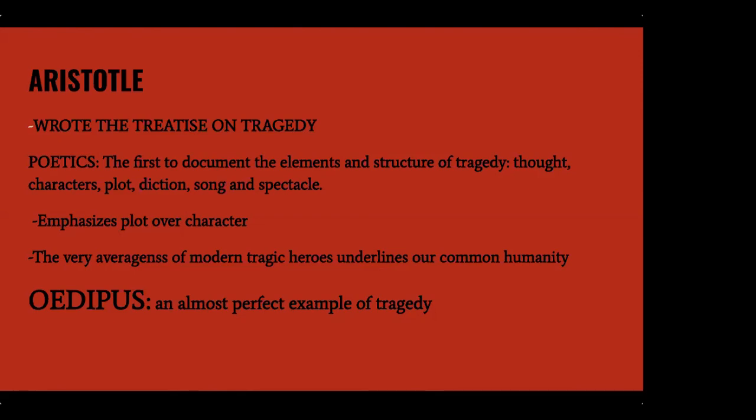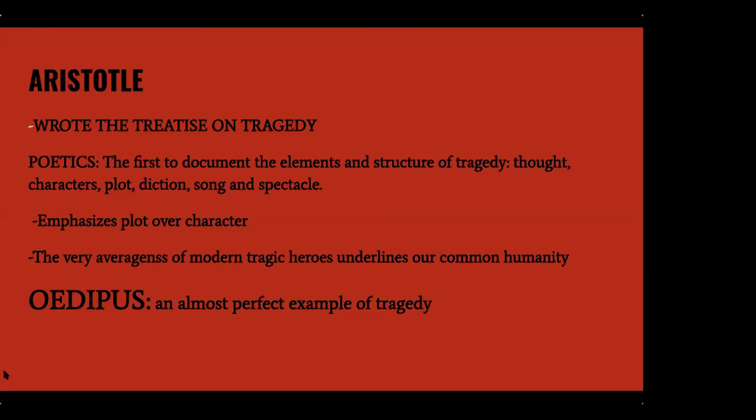Then the characters, who is enacting the theme, who embodies the theme. The plot, what are the characters doing to further the theme. The diction, which is the language, how they speak. Song, which is the music behind it, and spectacle, which would be all of the visual elements. So thought, character, plot, diction, song, and spectacle.